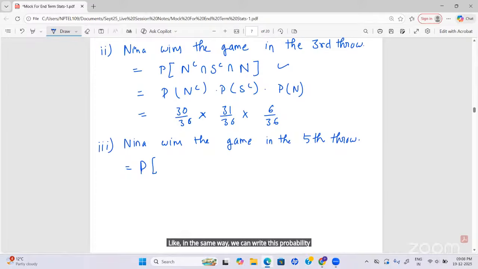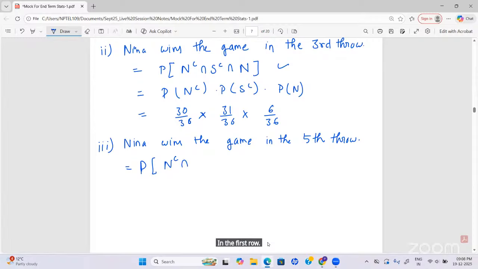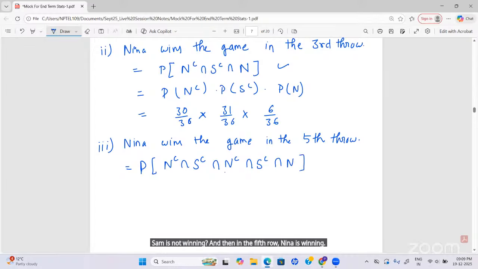Nina is winning the game in the fifth throw, which means in the first throw Nina is not winning, and second throw Sam is not winning. In the third throw Nina is not winning, and then in the fourth Sam is not winning, and then in the fifth throw Nina is winning. Is this clear? Yes, ma'am.